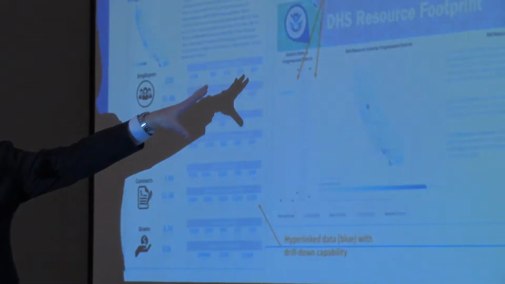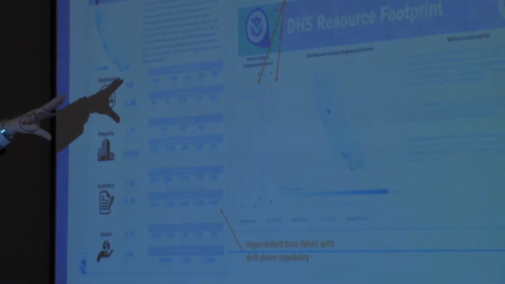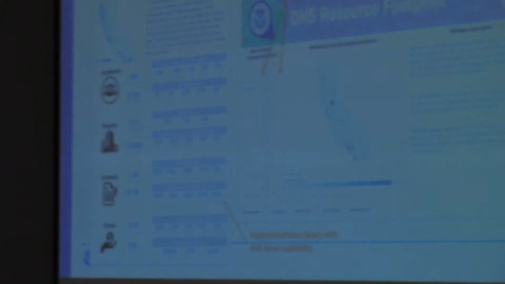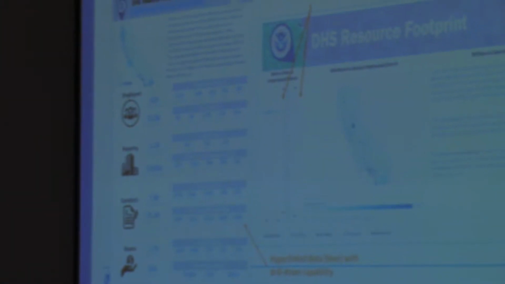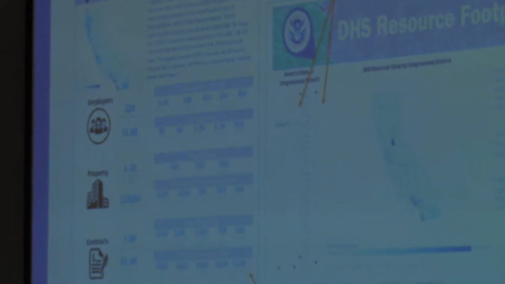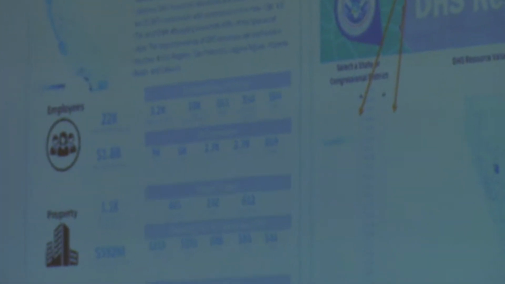We also provide aspects about the workforce. So again, I apologize for the lack of legibility here, but communities of practice in the state of California. How much of our workforce is dedicated to our law enforcement mission versus our screening mission versus our marine interdiction mission, right?